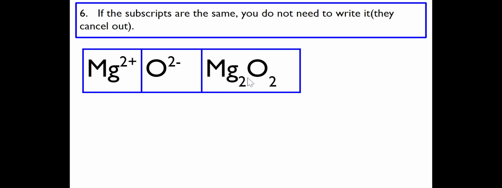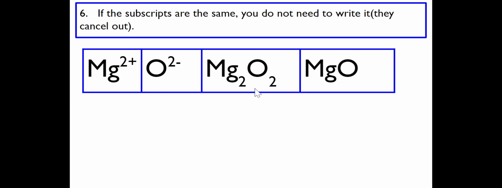We don't really bother to write those two, okay? Because two magnesium bonded with two oxygen means one magnesium will bond with one oxygen. So you don't need to write it. They cancel out. Magnesium oxide looks like this: Mg and O.